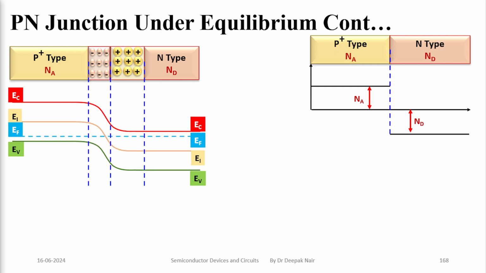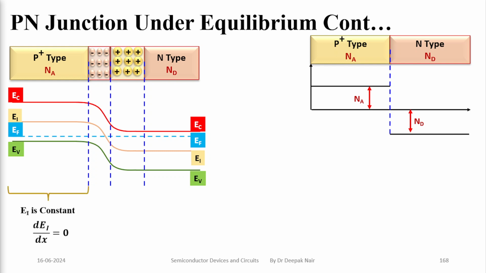And what is very fascinating is that the Fermi energy is the same, or almost constant, throughout the junction. So the Fermi energy remains constant in the P-type region and the N-type region, and it actually balances itself and remains constant throughout the PN diode.